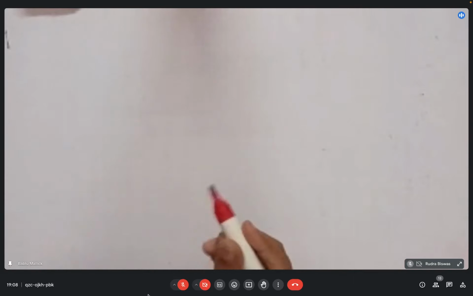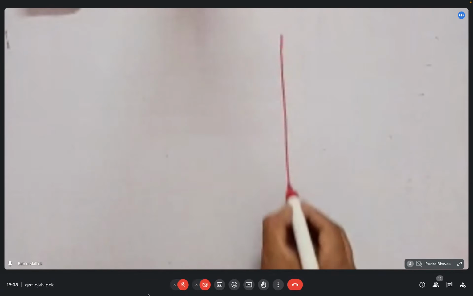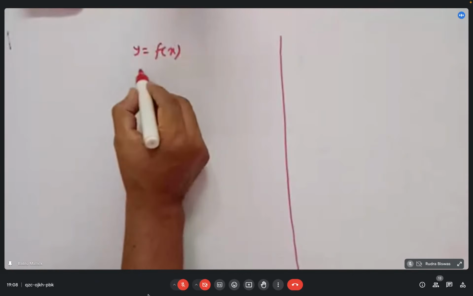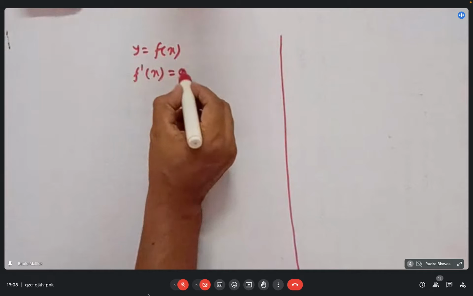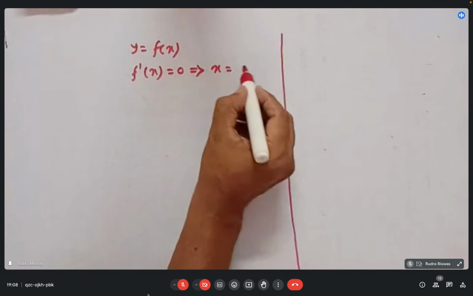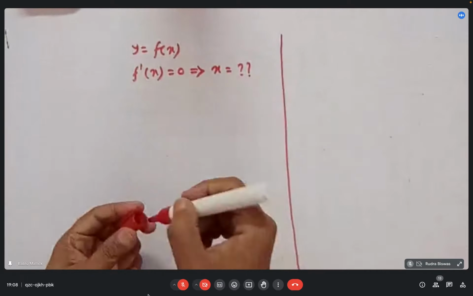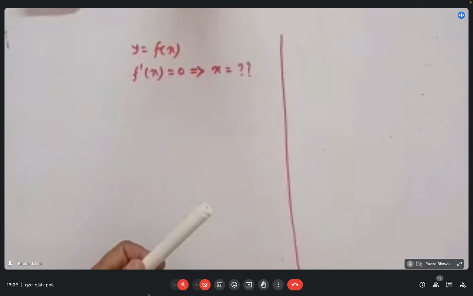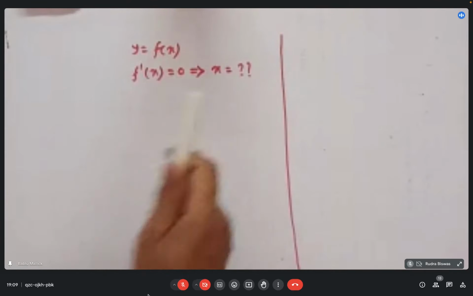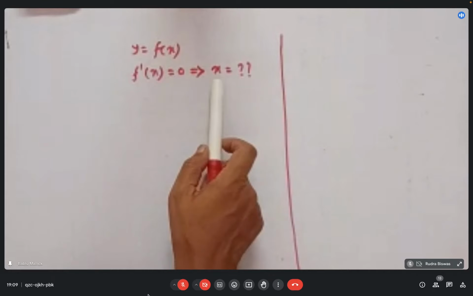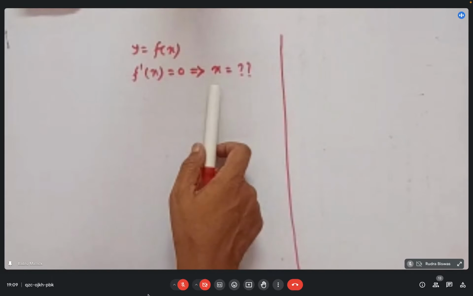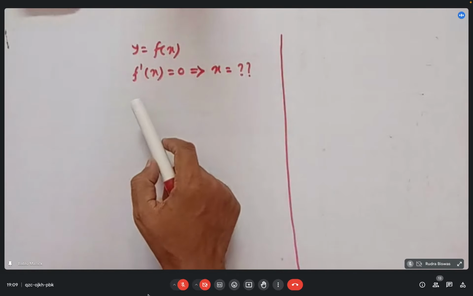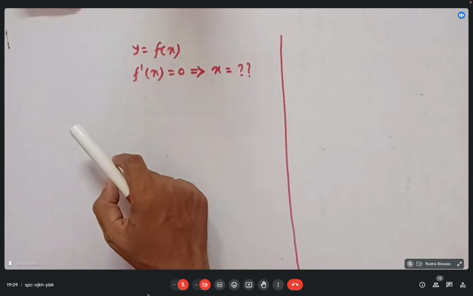In case of function of one variable, suppose y is equal to f(x) is a function, so f dash x is equal to 0, this will give you x is equal to something, and at that point we shall test whether maximum or minimum value exists.